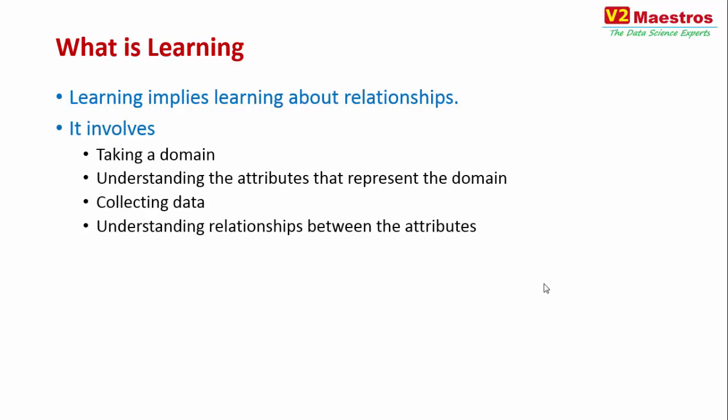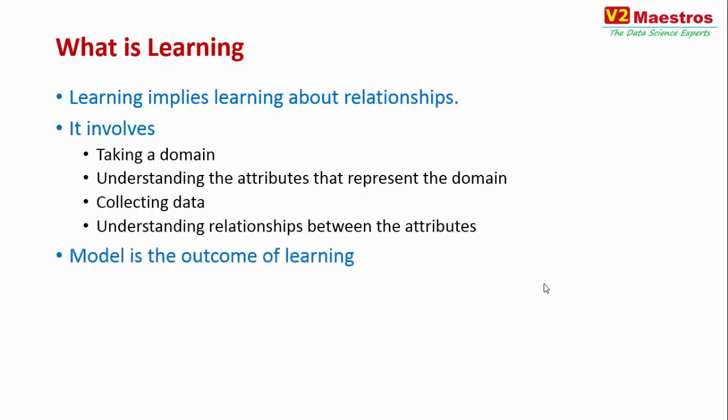It involves taking a domain like a hospital domain or a business domain, understanding the entities and the attributes that represent the domain, collecting data about all of them, and understanding relationships between these attributes. This understanding of relationships between these attributes is what learning is all about.